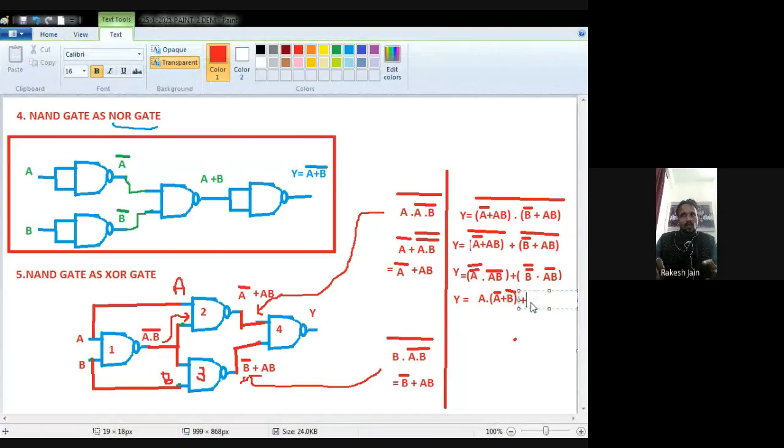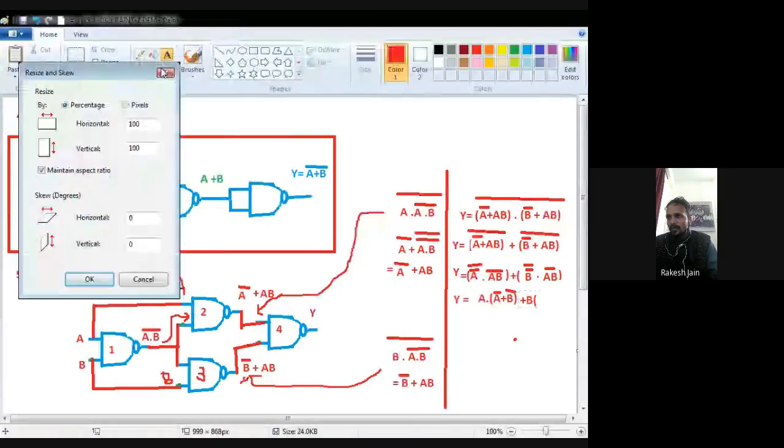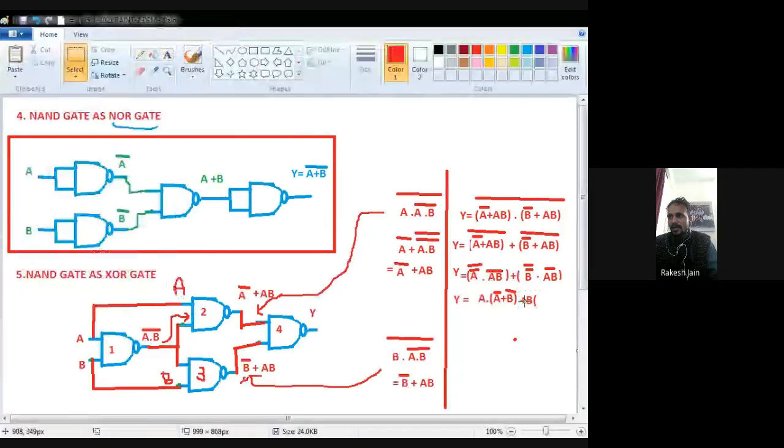B bar bar cancels out, so only B. Then two things A dot B having a bar will be converted into A bar plus B bar, as in the first case, because A and B multiplied and having a bar means multiplication converts into a plus and individually they are barred.